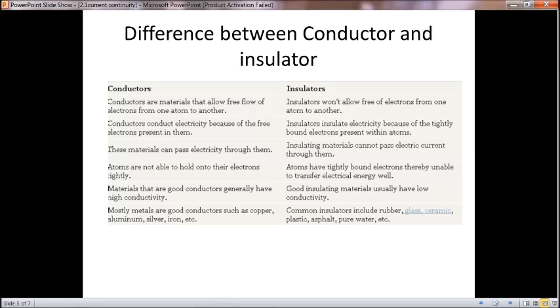Good conductors generally have high conductivity, and insulators have low conductivity. Mostly metals are good conductors, such as copper, aluminium, silver, iron, etc. The insulators are rubber, glass, ceramic, plastic, asphalt, pure water, etc.